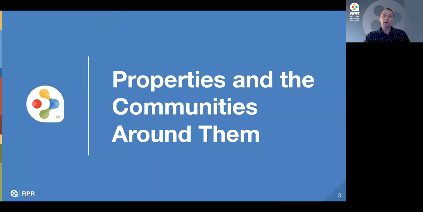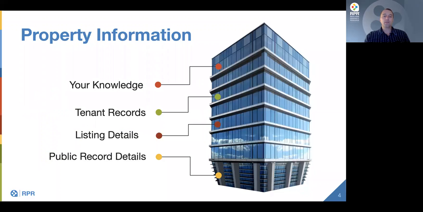What we are from a company standpoint, though, is really a property-centric database. And so I thought I would talk a little bit about how that property information comes in the system and where all we are collecting it from. This is kind of our data build as far as it comes to a building. So we start off with the public records, and you have nationwide access to public records on both residential and commercial.